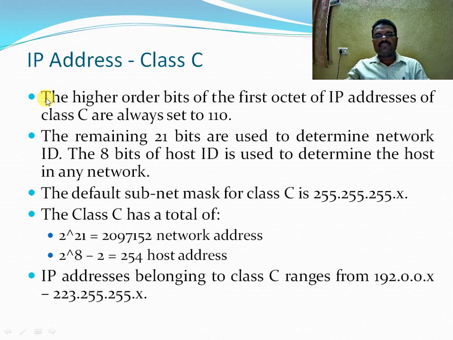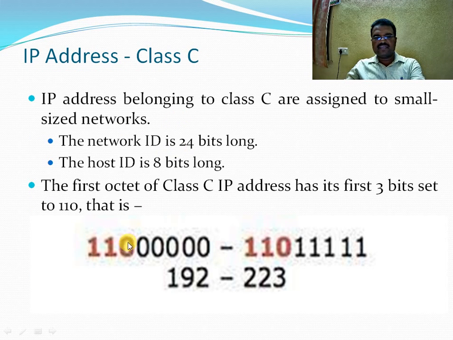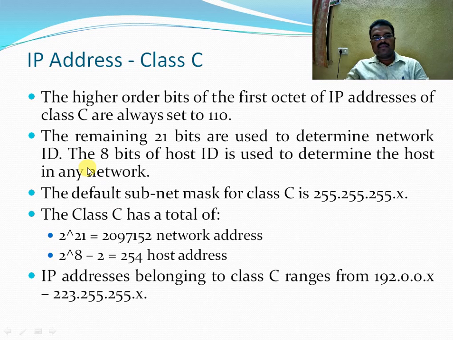The higher bits of the first octet of class C IP addresses are always set to 110. By seeing this, we can say it is a class C address. The remaining 21 bits are used to determine the network ID. The 8 bits of the host ID are used to determine the host in any network.